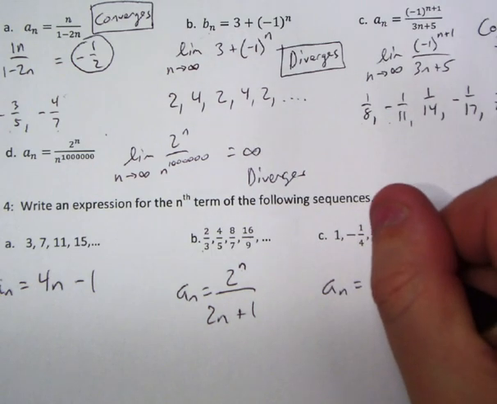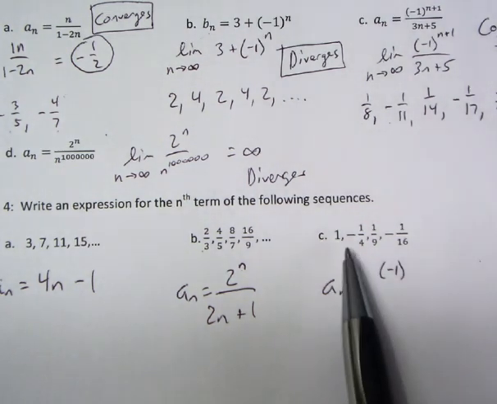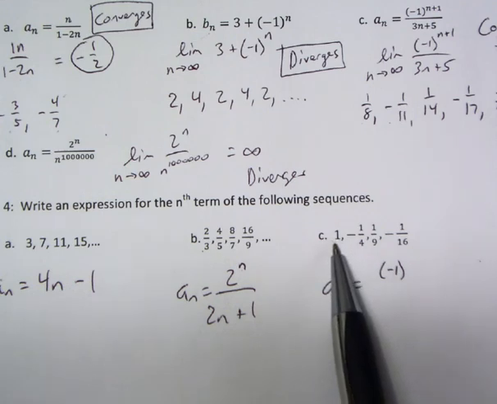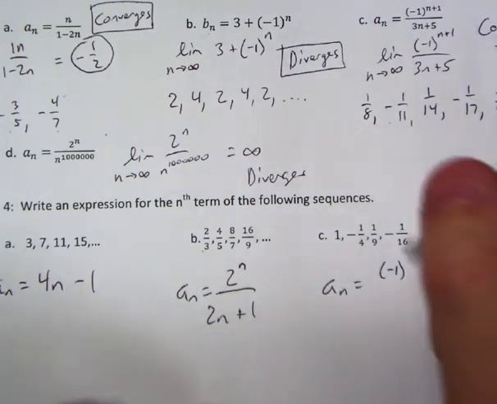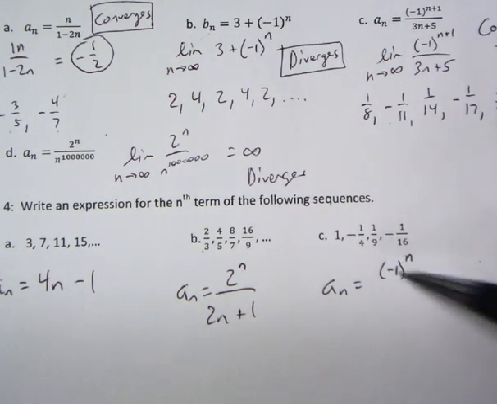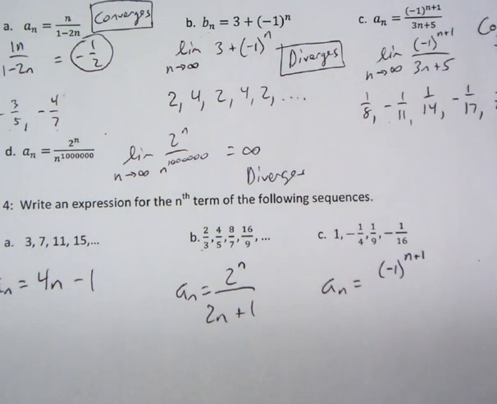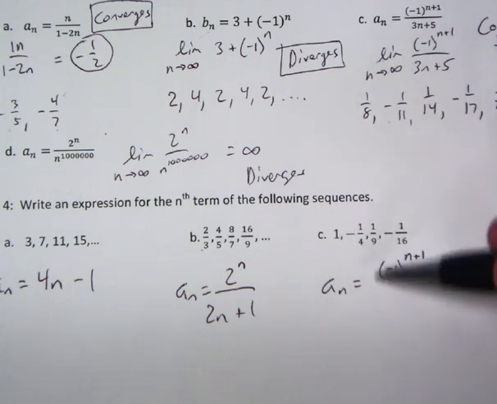So I know it's going to be -1 raised to one of them. Well, if the first one is positive, then if I would raise this to the nth power right here, that's going to give me a negative first term. So I'm going to start with n plus 1 right there. Now if I plug 1 in, I get +1. If I plug 2 in, I get -1, and so on.